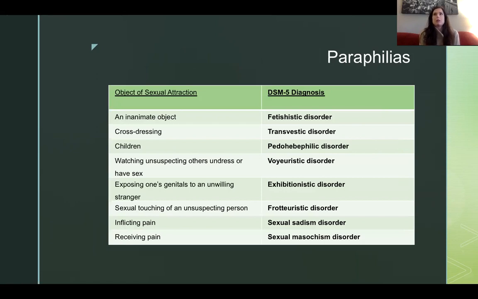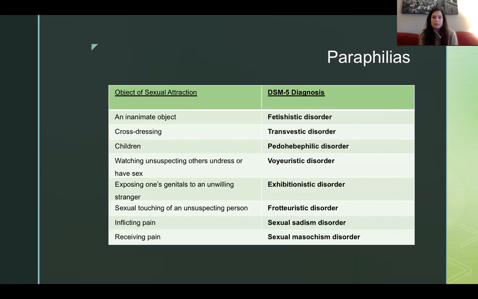So I want to point out that BDSM, as we know, is very popular, and it's a form of sex that people engage in. And for consenting adults who are engaging safely in these behaviors, there's absolutely nothing wrong with it, and it's not a disorder.